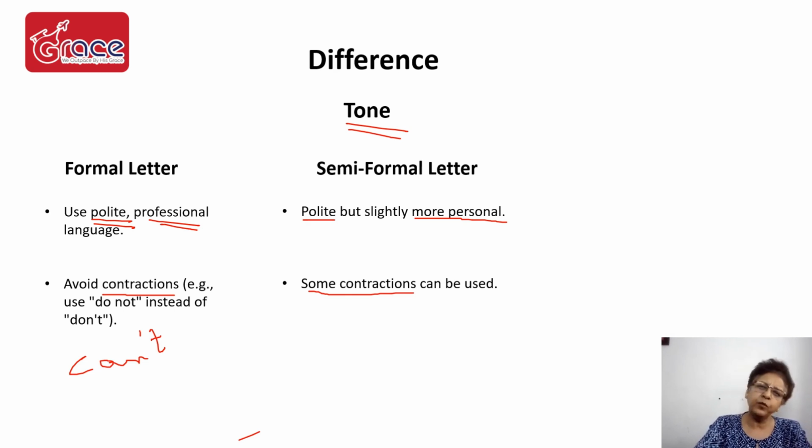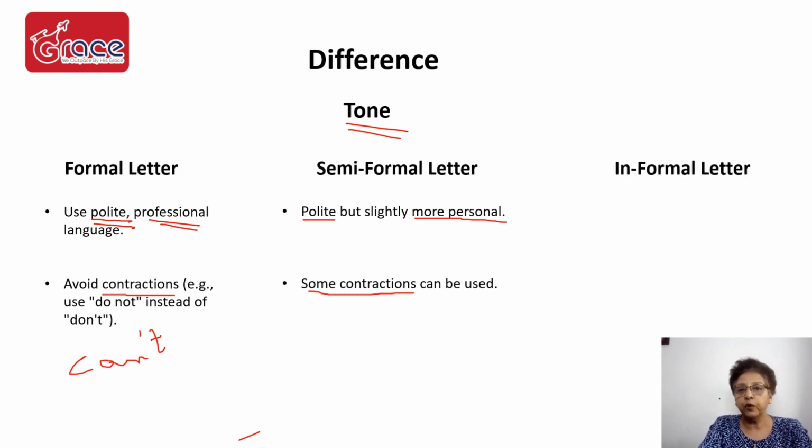However, I would recommend don't use contractions. Just let it be nice and simple. Otherwise, you'll just keep getting confused between where do I write formal or semi-formal. These are confusions that I have seen coming up. So let's avoid them. Use formal tone and formal language for both formal as well as semi-formal letters.